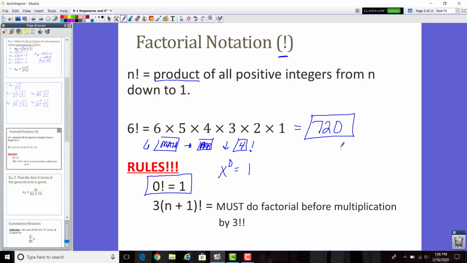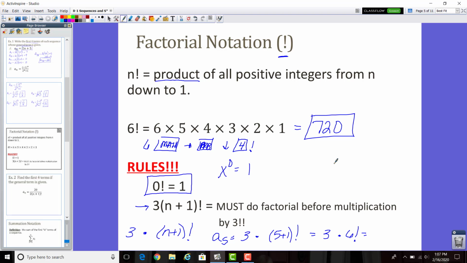Then remember that that quantity could also be multiplied by something else. Like this here, this means 3 times the sum n plus 1 factorial. So if I'm trying to find the fifth term here, and this is my general term, it would be 3 times 5 plus 1 factorial, which means 3 is going to multiply by the value of 6 factorial.